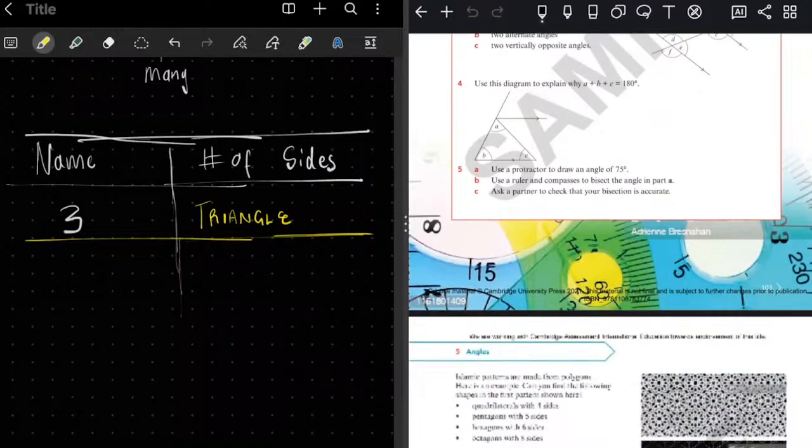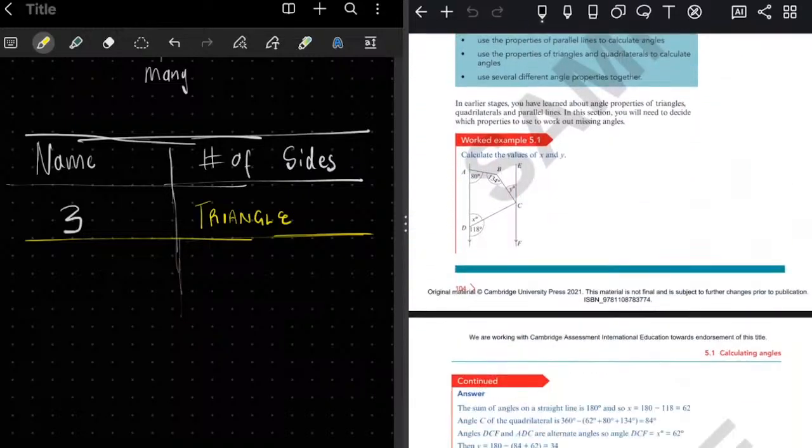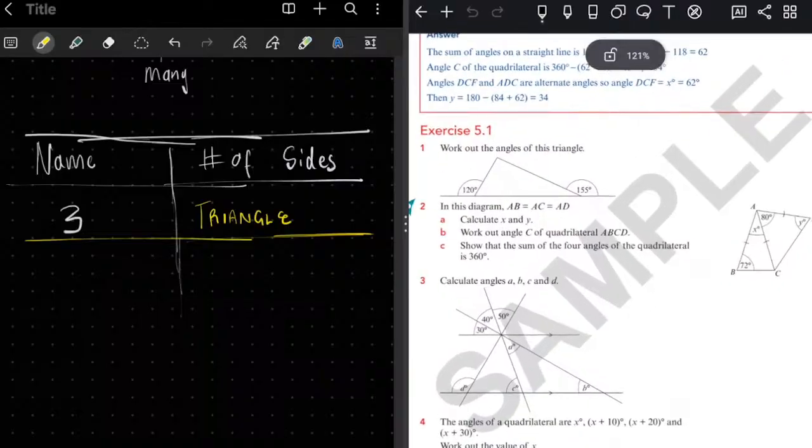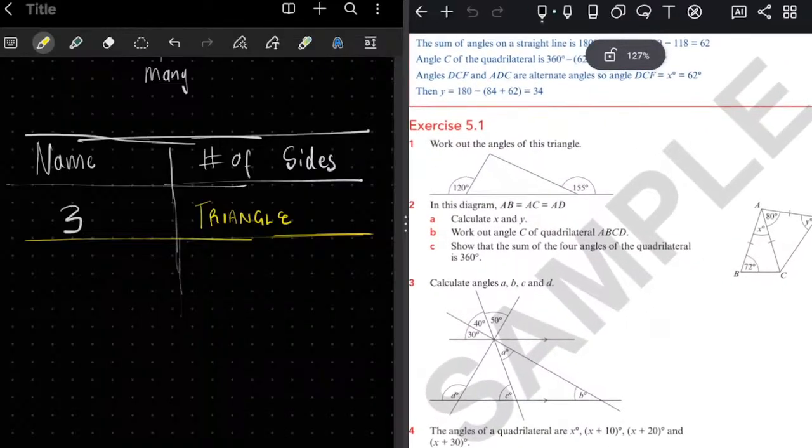So if we look here, if I highlight this shape in blue, what name do you give this shape in blue? It is a what? It's a triangle because it has 3 sides. What about this one? If I highlight it like this, it's a triangle because it has 3 sides. What about if I do this?